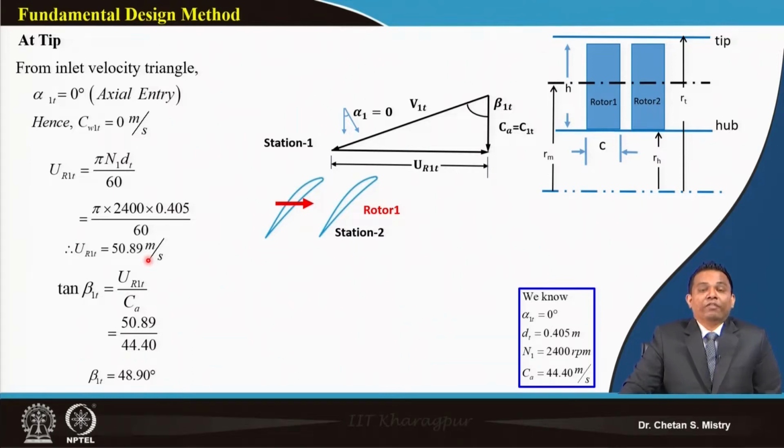Once we know the peripheral speed and the axial velocity, which we are assuming to be constant, that gives me my relative blade angle at the entry, beta 1, as 48.90.